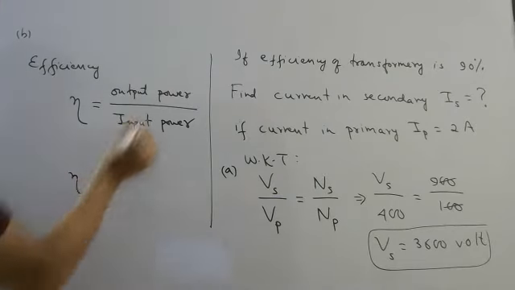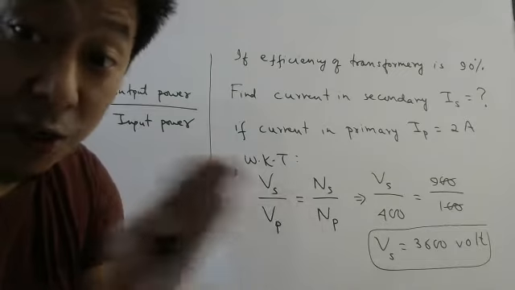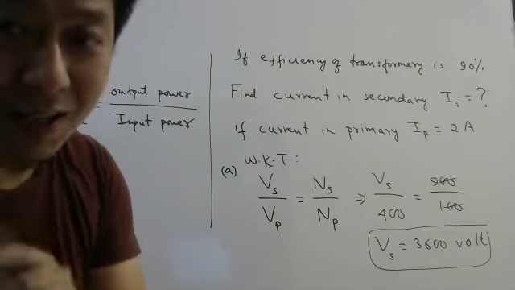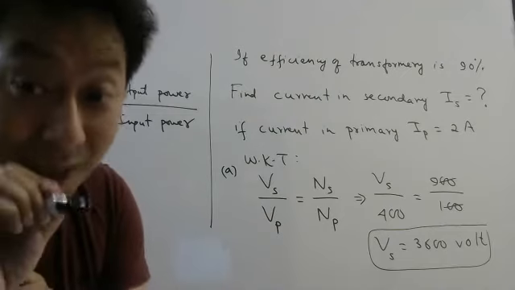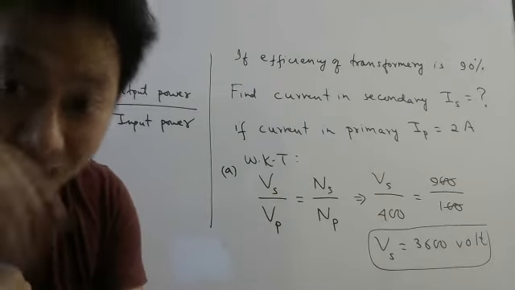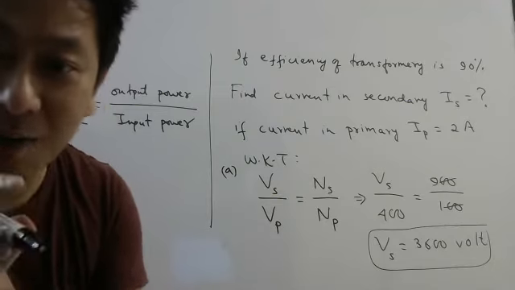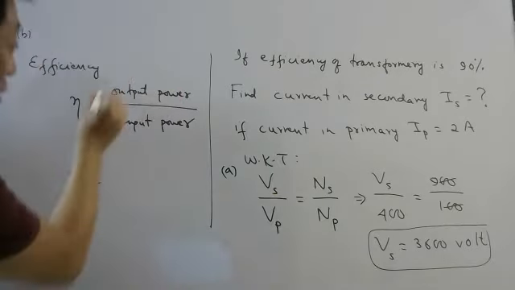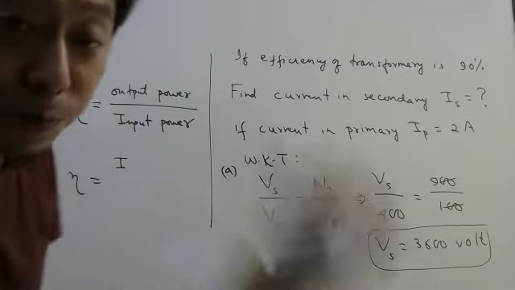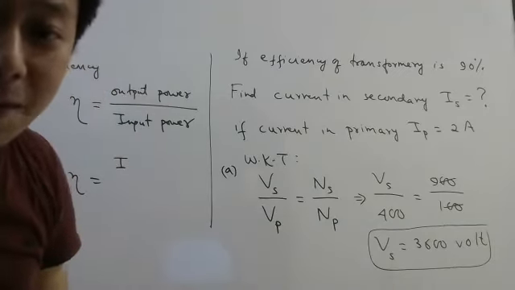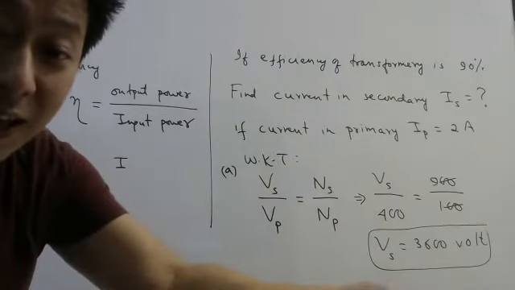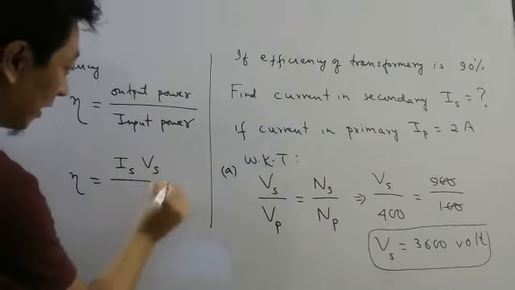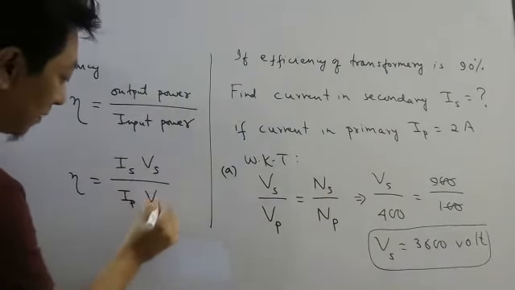Power is current into voltage. From there only I square R comes: I square R, I can write I into R, and I into R we can write V. So power I can write as current into voltage. Output power I can write output current. Output is secondary or primary? Secondary, right? So output power is IS VS and input power is IP VP.